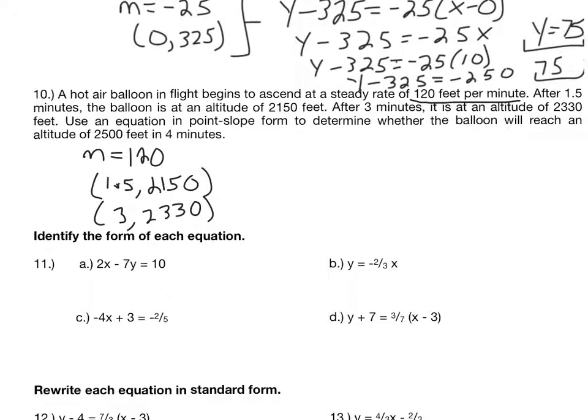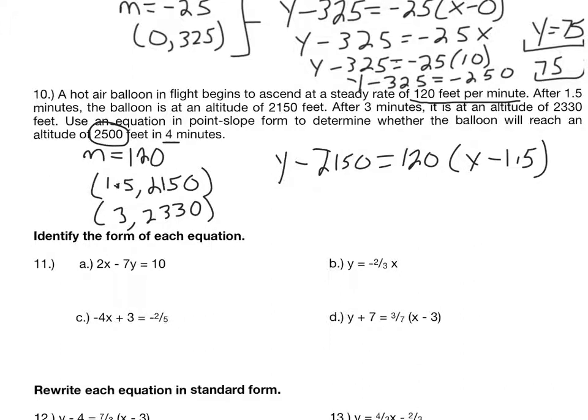So if we choose the first one, it would be y minus 2,150 equals our slope, which is 120, times x minus 1.5, x minus x1. And now that we have it in point slope form, it says, well, we want to figure out if she'd reach this altitude at 4 minutes.